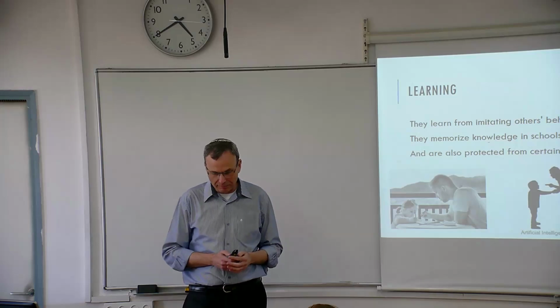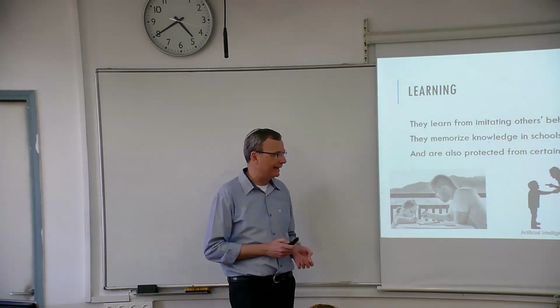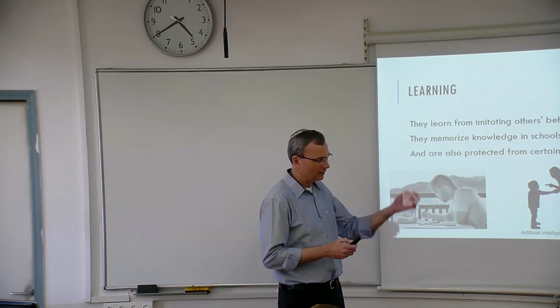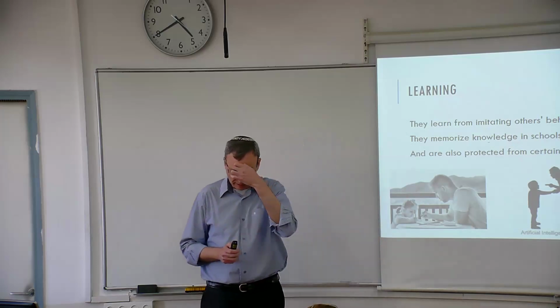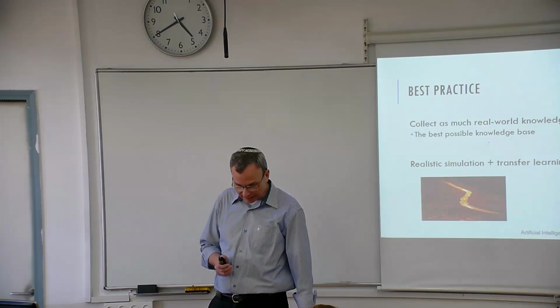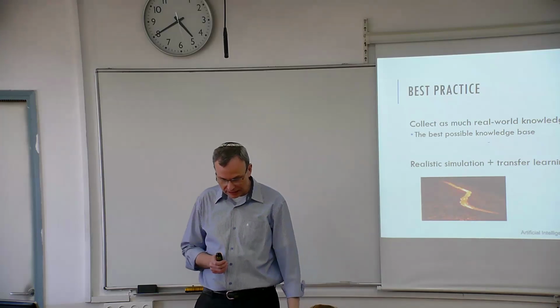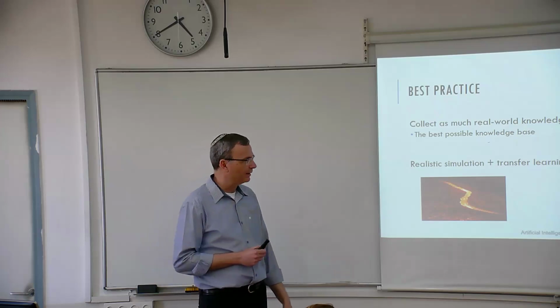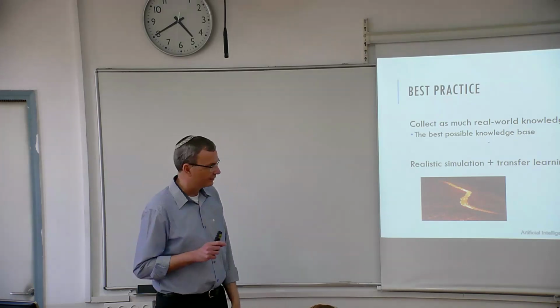We need to find the best learning technique that suits whatever needs we have. So the best practice again is to collect as much real-world knowledge as possible, which is model-based.